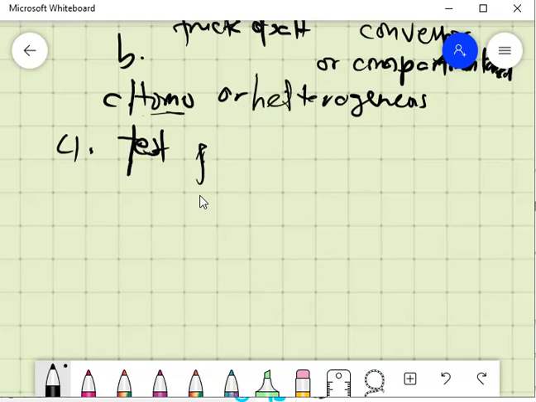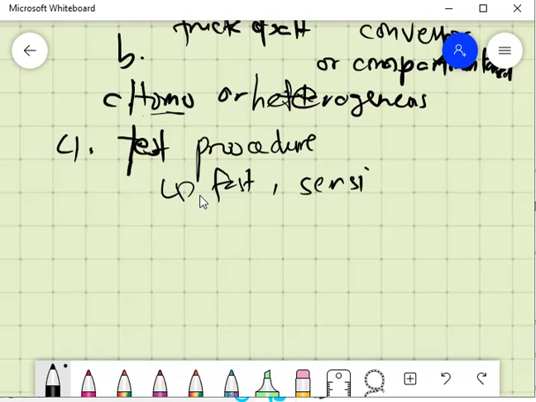For example, if the procedure is fast, or is it sensitive, like can it analyze a very small amount?